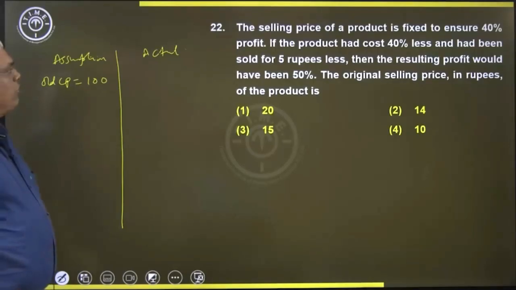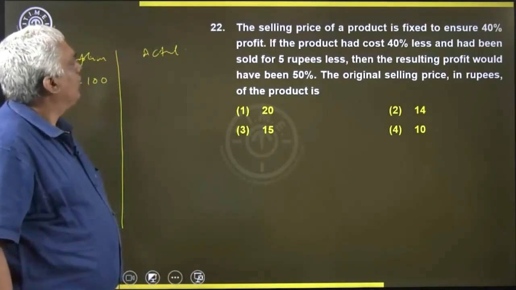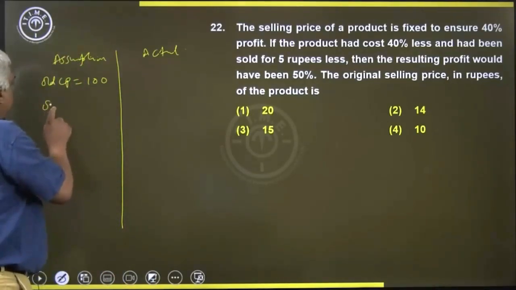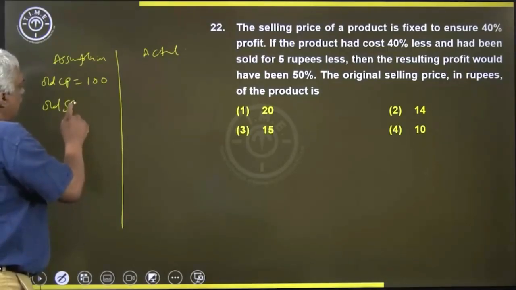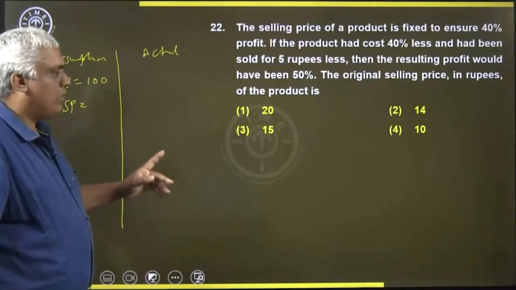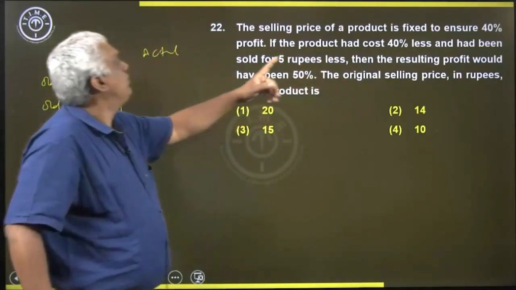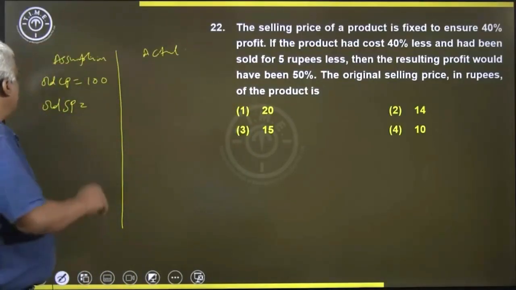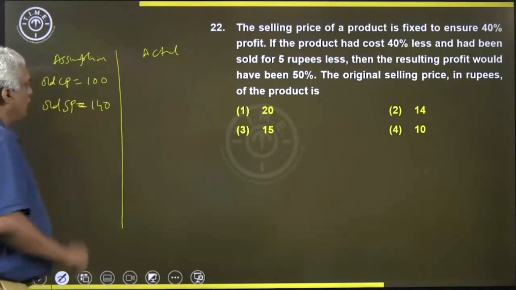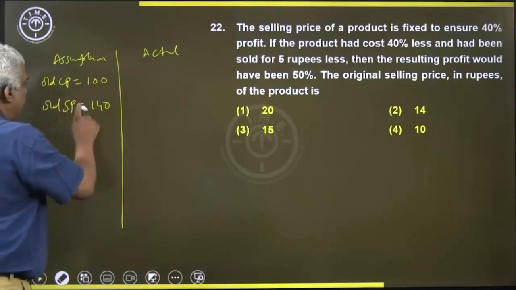The selling price of the product is fixed to ensure 40% profit. So, with old CP as 100, the old selling price, with 40% profit, is 140.